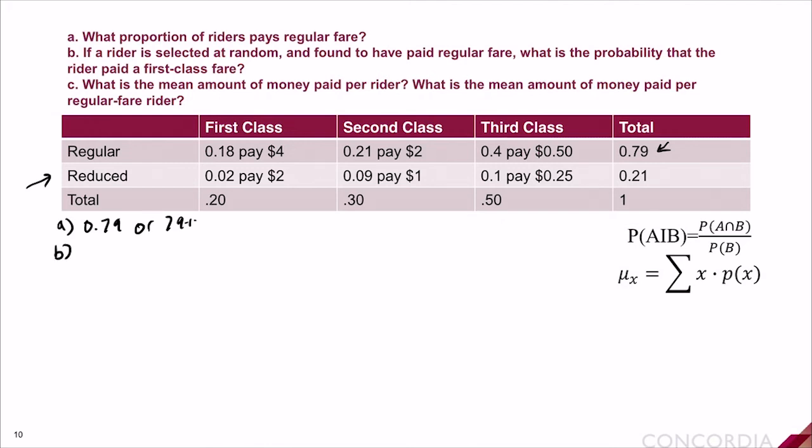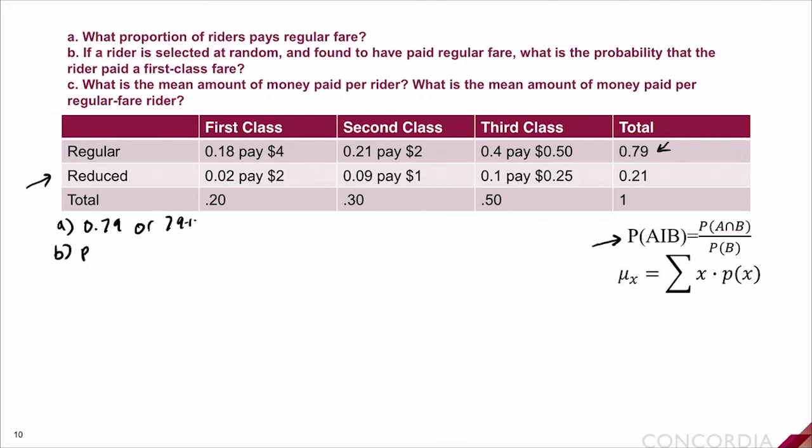B. If a rider is selected at random and found to have paid regular fare, what is the probability that the rider paid a first class fare? This question could be reworded as, given that a rider paid regular fare, what is the probability that they are in first class? This question is a conditional probability question. Therefore, we will need the conditional probability equation, which is at the right below our chart.